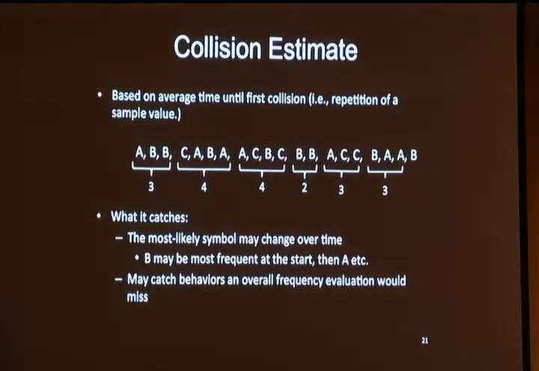We have a model, and then we are trying to minimize the entropy value based on this model. In the collision estimate, the test statistic is based on the average time until the first collision happens. So let's assume we have the samples A, B, B. We see that B is repeated, so our first test statistic is 3. And then we forget about these first 3 samples and start from the beginning. Now we have C, A, B, A. Then we see that A is repeated after 4 samples, so now our next statistic is 4.